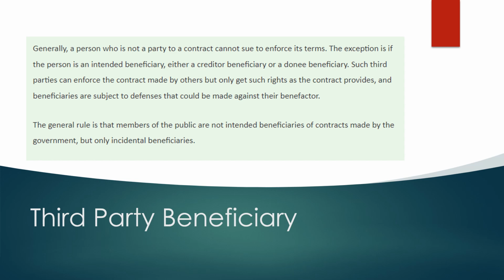What I talked about when I said, hey, I'm basically an incidental, unintended beneficiary if I'm the neighbor of the place that's getting landscaping, is similar to members of the public being unintended beneficiaries of contracts made by the government. The government makes contracts all the time that benefit us, but we're called incidental beneficiaries, also called unintended, and that means we can't sue if there's a breach just because we were a beneficiary of it.